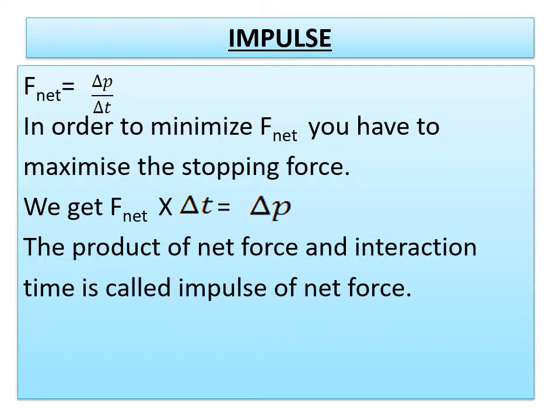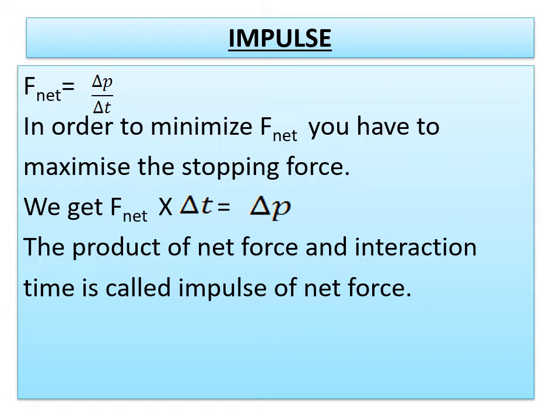If you see the equation, F net is directly proportional to delta P. What is directly proportional? If one quantity increases, the other quantity increases. If F net, the force applied, increases, the change in momentum will also be more.